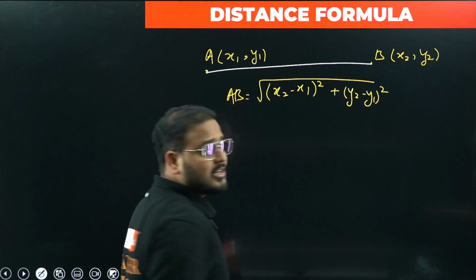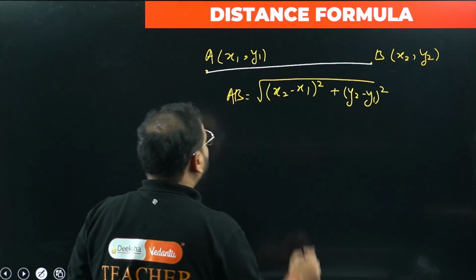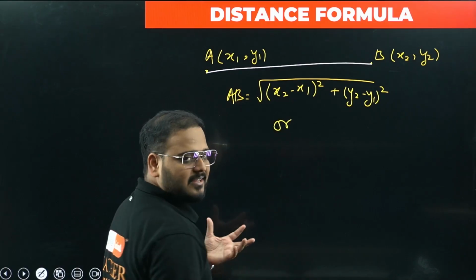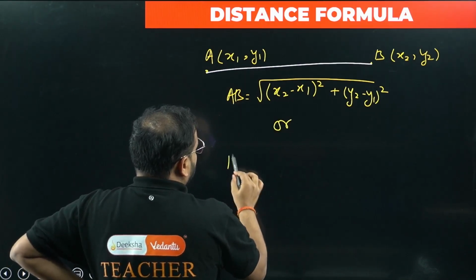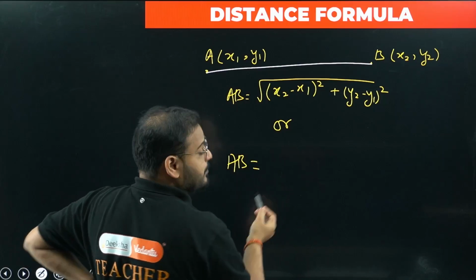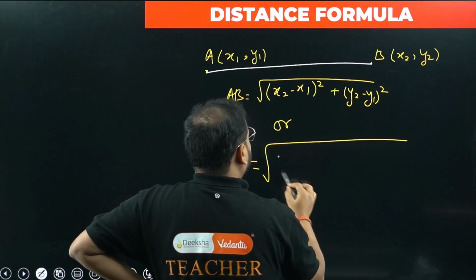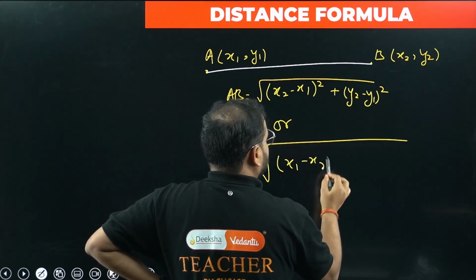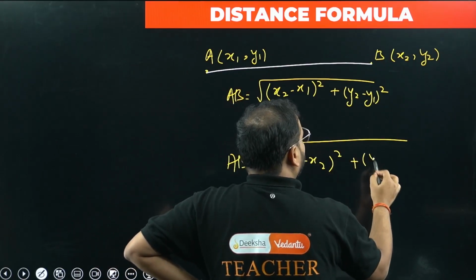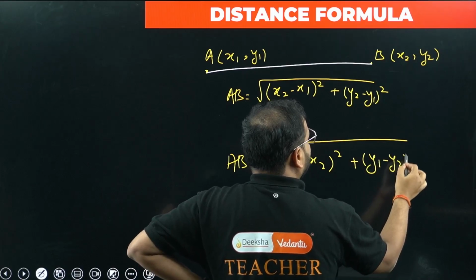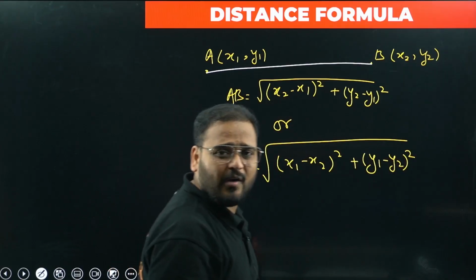Now if you write this formula in this way also, it is completely correct. I can write the length or distance between the points AB by reversing this: x1 minus x2 the whole square plus y1 minus y2 the whole square. It remains the same. All of you know how it remains the same?